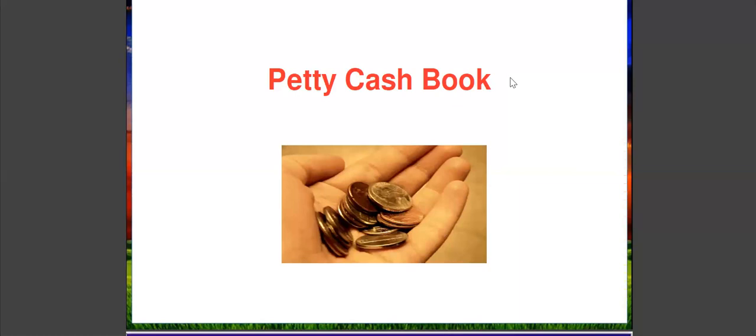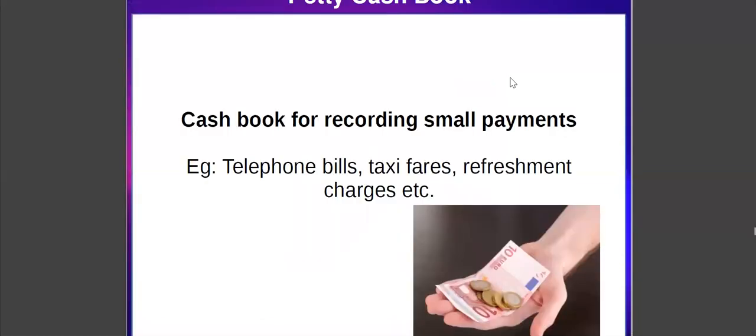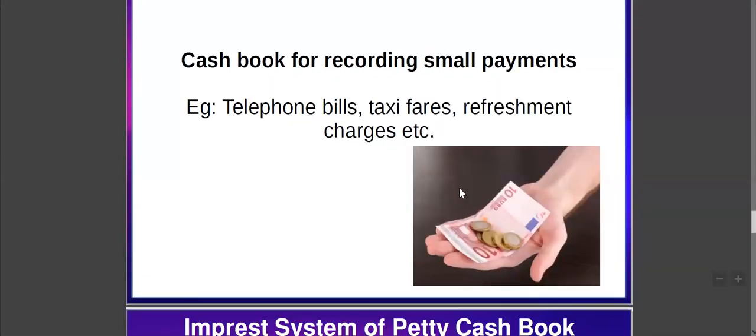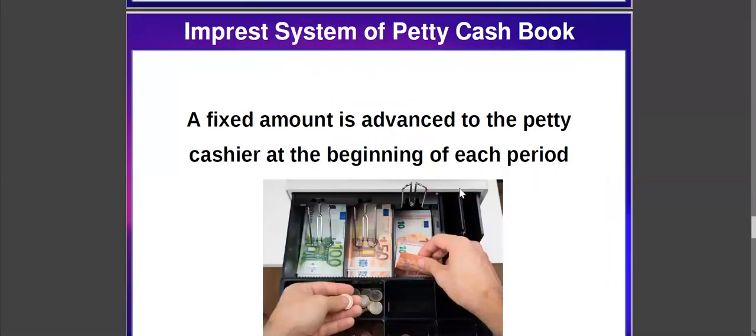The cash book for recording small payments is called the petty cash book. For example, telephone bills, taxi fares, refreshment charges, etc. Imprest system of petty cash book.